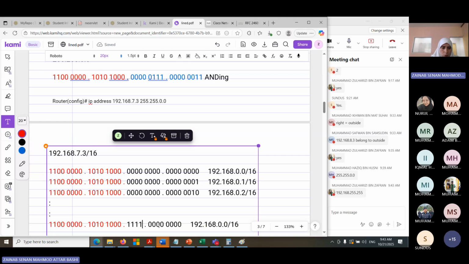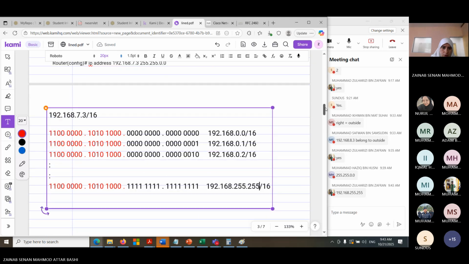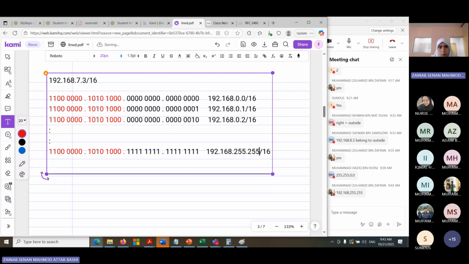Okay, this is the range of IP addresses we can have inside that network, starting from when all of them are 0, ending when all the host portion, not the network portion, is 1. Okay, now we have 2 IP addresses of these.